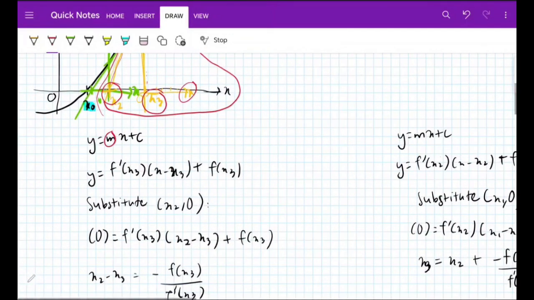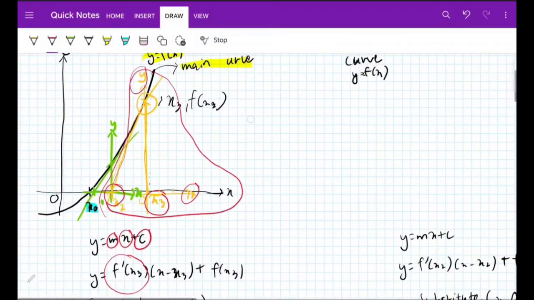I've written it like this, and next are our x values. Since this is a whole new graph, we have our own x values, in which the x values need to be minus x3, because x3 is the starting point. Then plus c, which is our y-intercept.